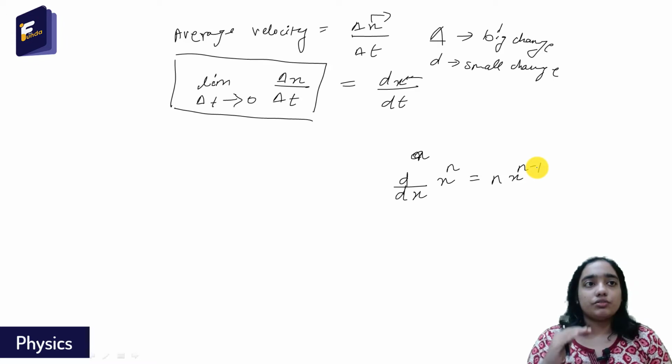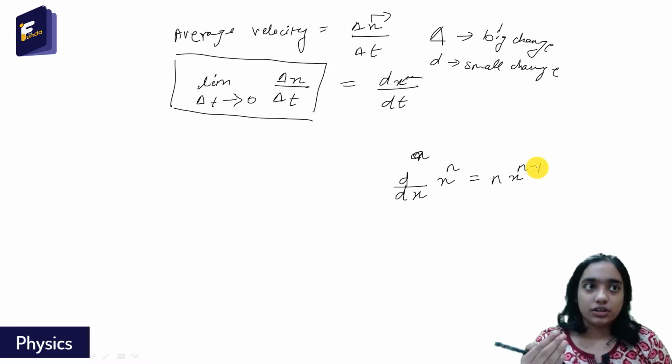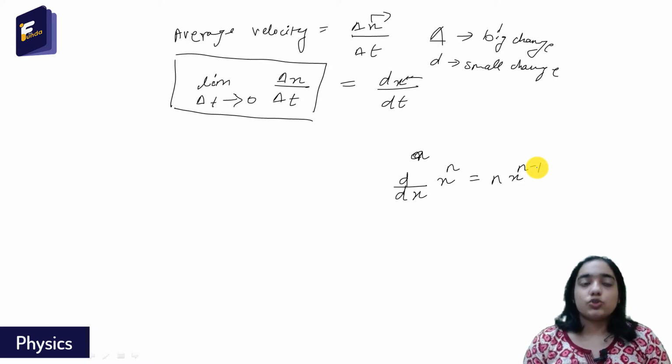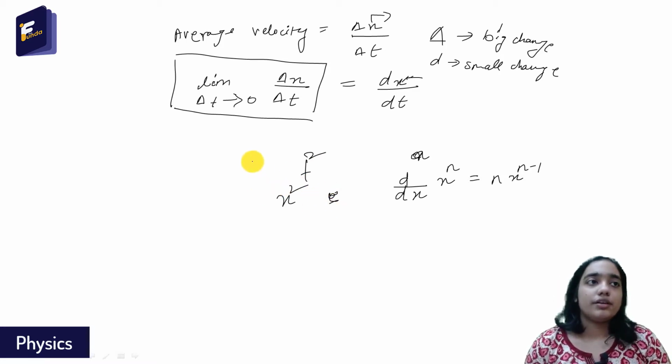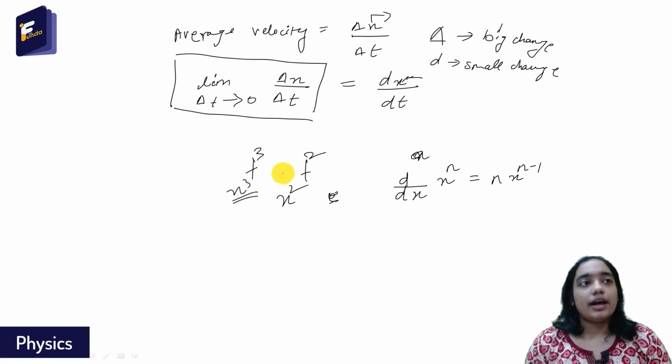So when we differentiate a function like x to the power n, meaning t square, if I say, or x square, or t cube, x cube, like this, if this is the function I am differentiating, then after differentiating, what we obtain is n x to the power n minus 1.